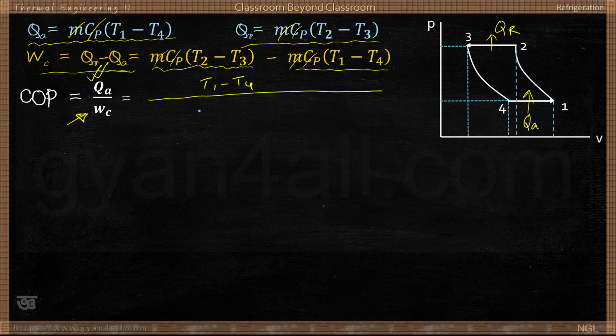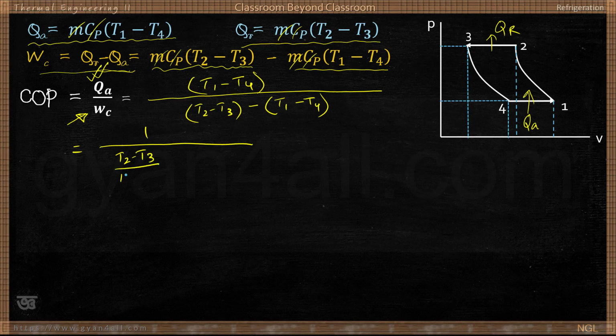Compressor work is T2 minus T3 minus T1 minus T4. Now if we divide by T1 minus T4, then what we will get? If we divide this by T1 minus T4, that will be 1. And below it will be T2 minus T3 divided by T1 minus T4.